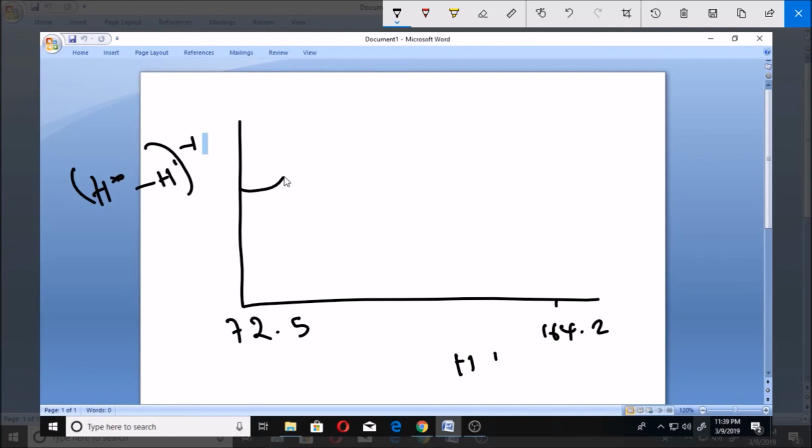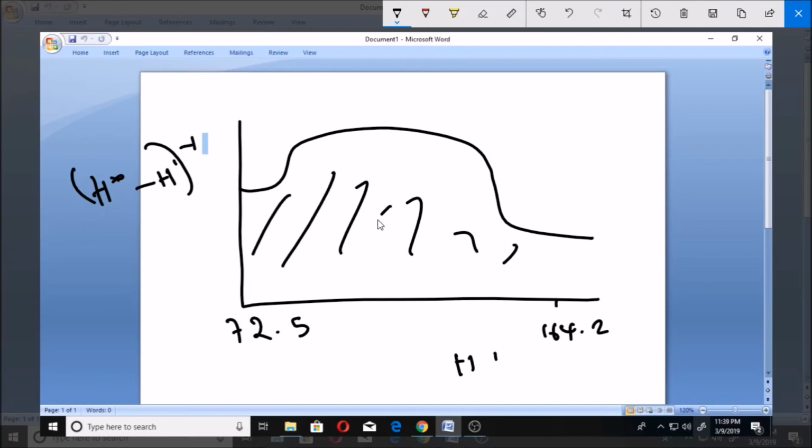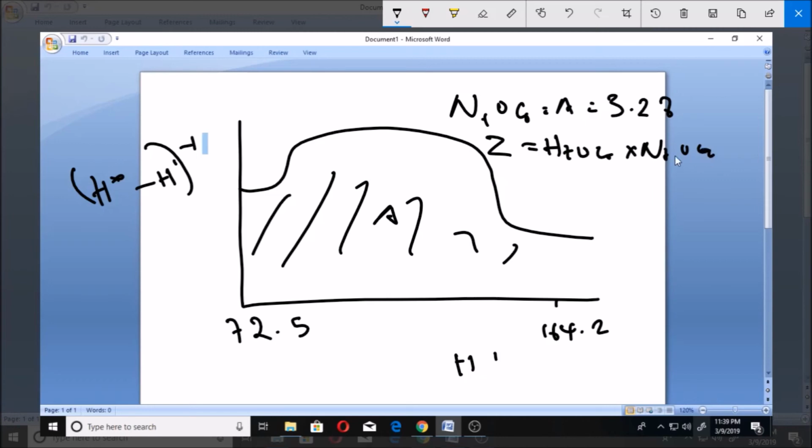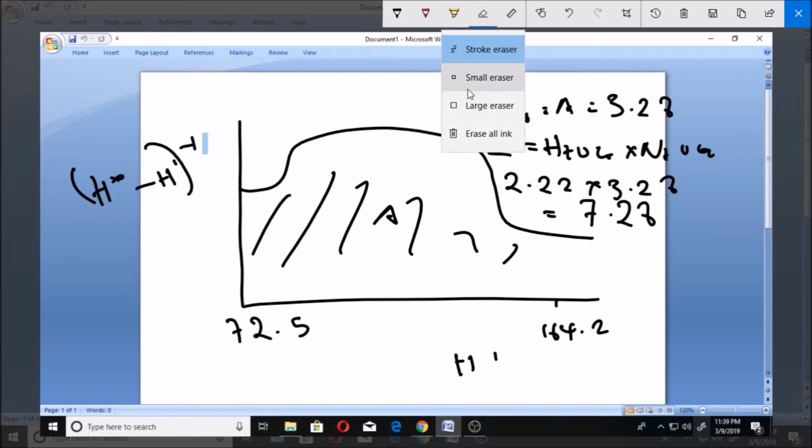If we plot this, we are going to have a graph of this shape, and the area under here is what we said is NTOG, which is 3.28. The total height is therefore HTOG times NTOG, which is 2.22 times 3.28, which will give us the total height of 7.28, or packed height. So that is how we arrived at the final answer.